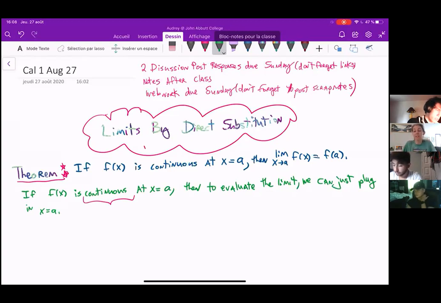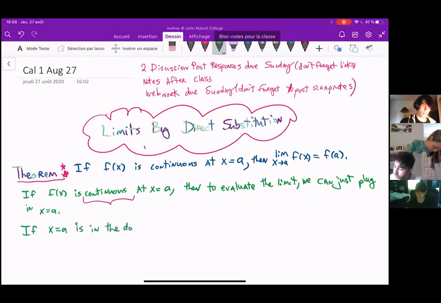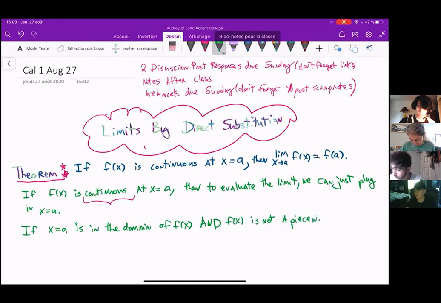So another way of saying this is, if x equals a is in the domain of f of x, and f of x is not a piecewise function, then to evaluate the limit, plug in.